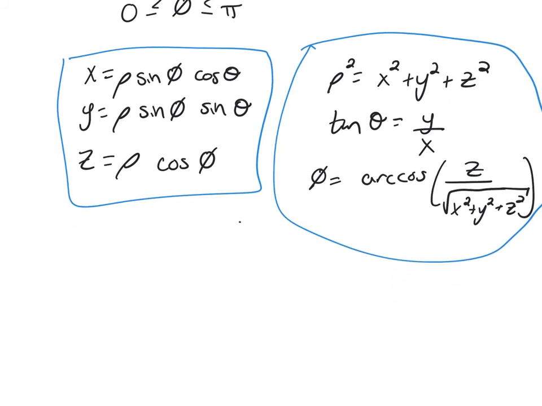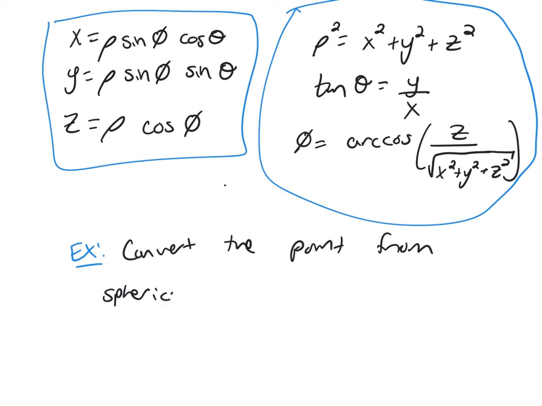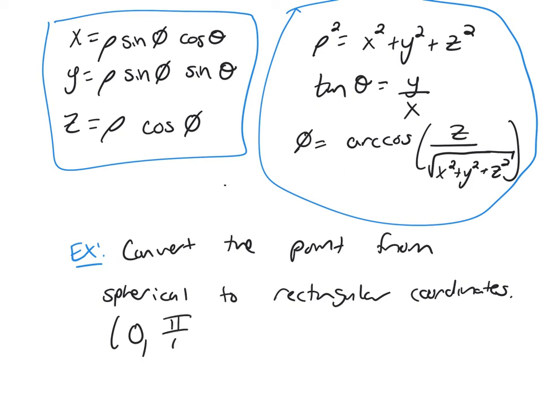So we're going to look at converting a point. Do one example here. Convert the point from spherical to rectangular coordinates. So the point would be the point 0, pi over 6, pi over 2.